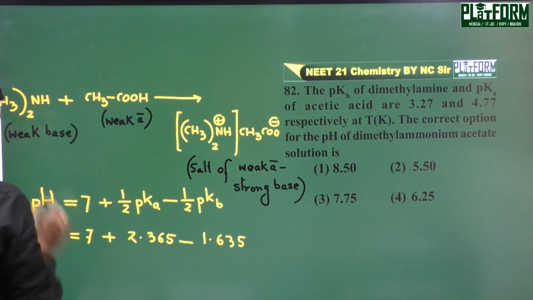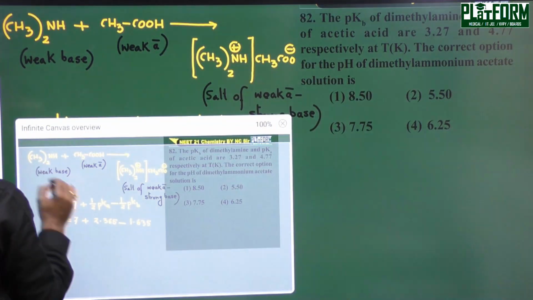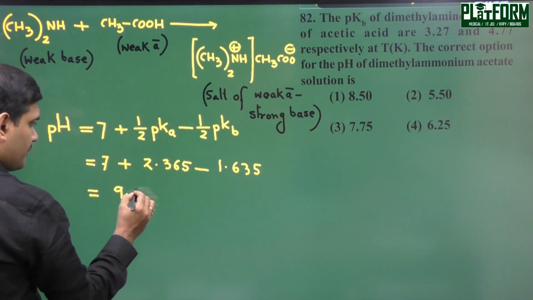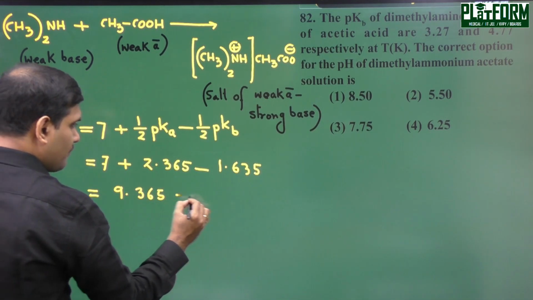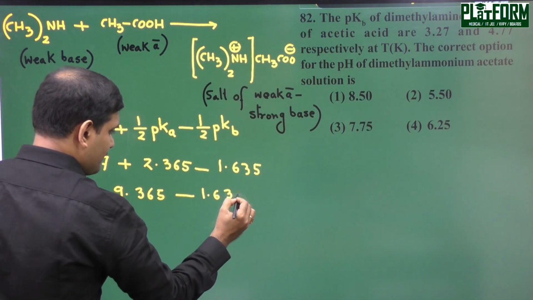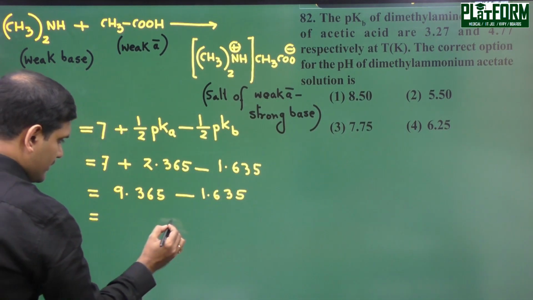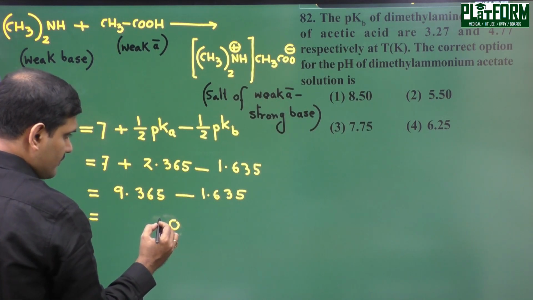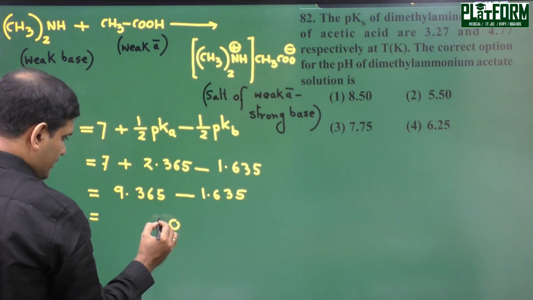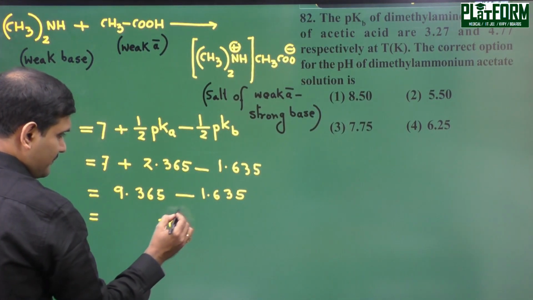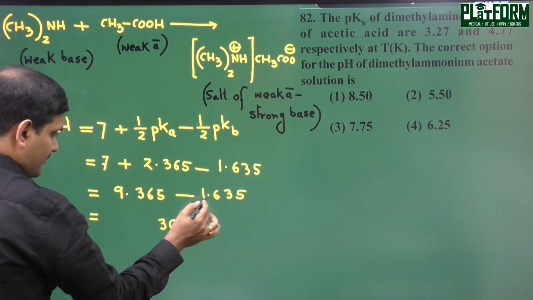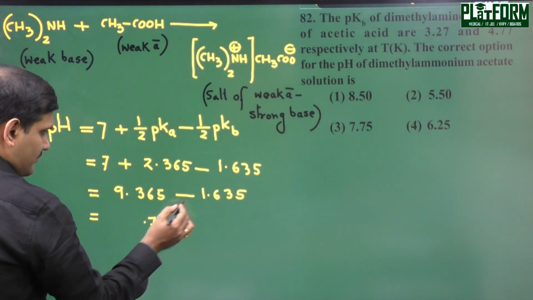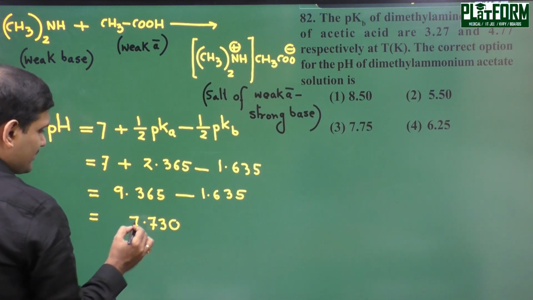So if you go for the calculation, what will be the result we should get? 7 plus 2.385 minus 1.635, the result is 7.75.